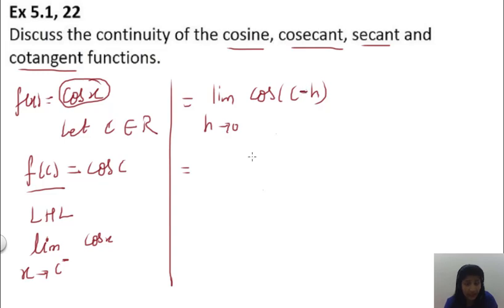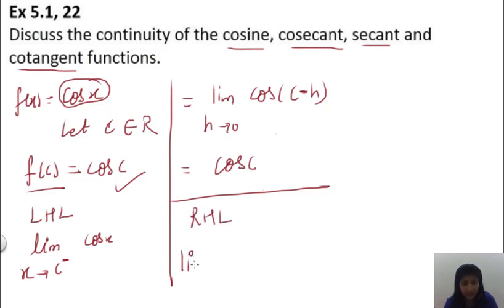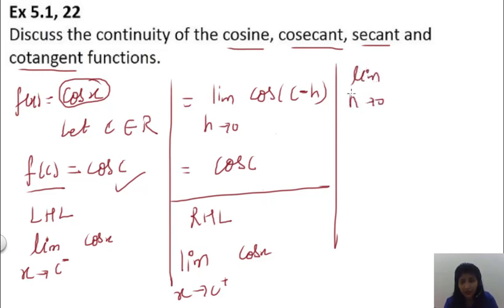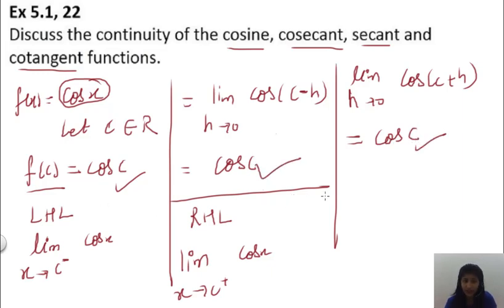If we solve it, we'll get the answer as cos of c only, which we were getting as f of c. Now, in RHL, I'll write limit x tending to c plus, the function value is cos x. So, putting it as limit h tending to 0 now, the function will become cos of c plus h. Putting h value as 0 we get cos of c. So you see it is a continuous function as LHL, RHL and the value of the function at that particular point are equal. The same will happen to cosecant, secant and cotangent.